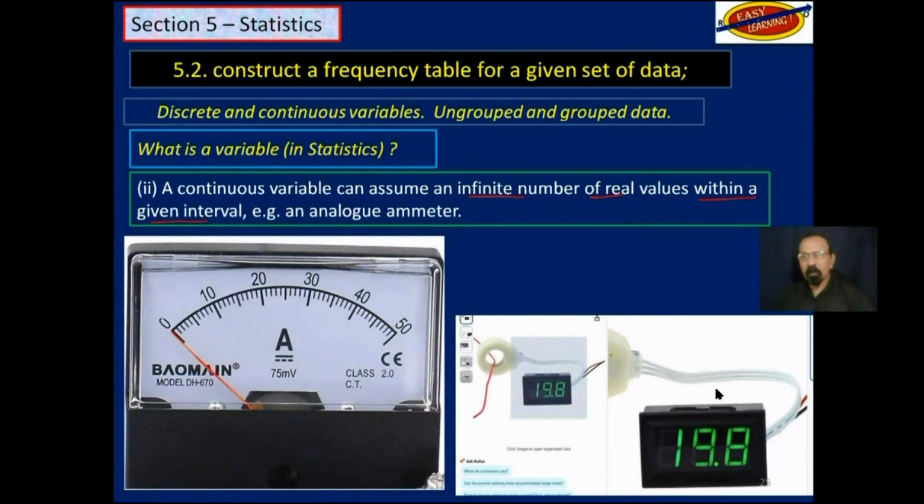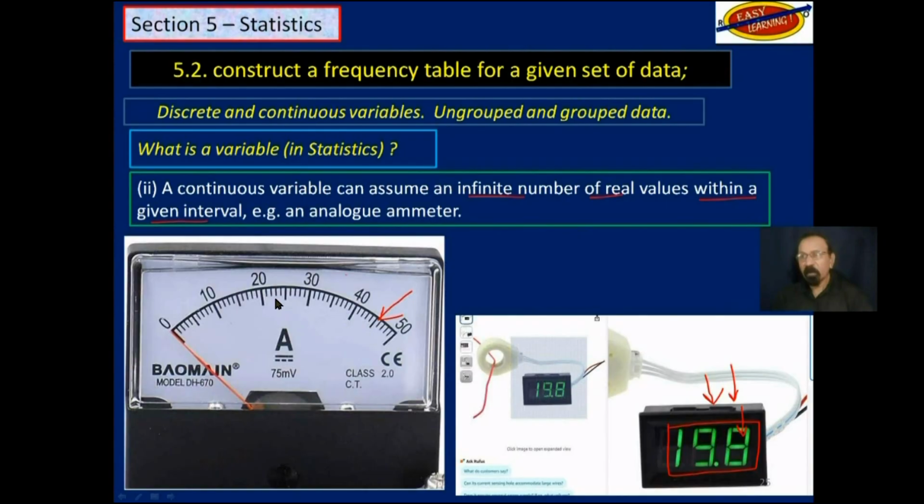Contrast that with a digital ammeter. This has just 10 values, 19.8, 19.9, 19.5, 19.6, and so on. So you have discrete values here on this digital meter as opposed to this analog meter that has infinite.